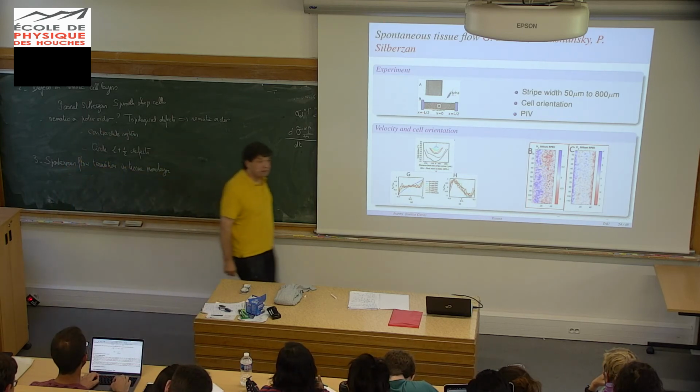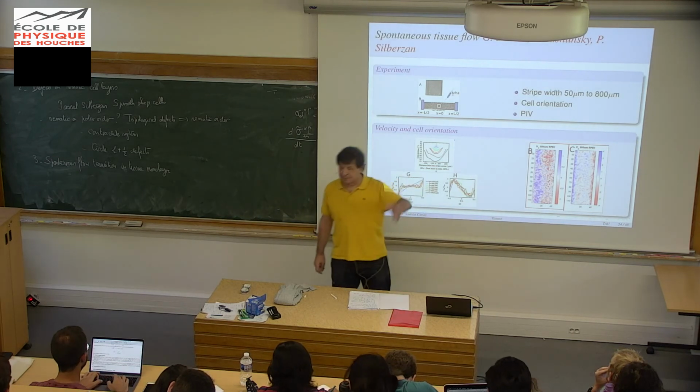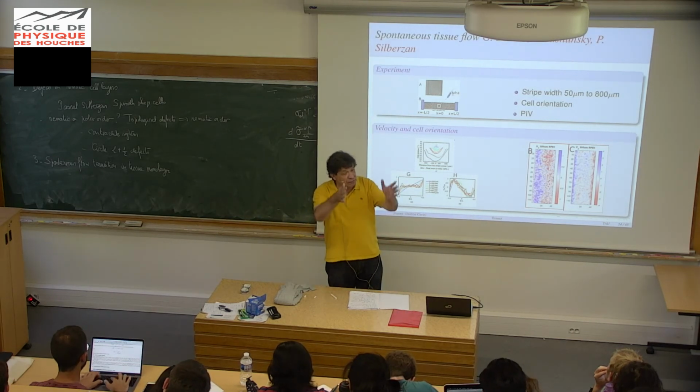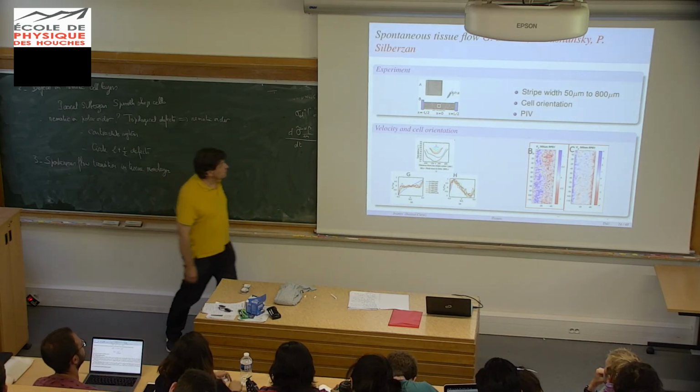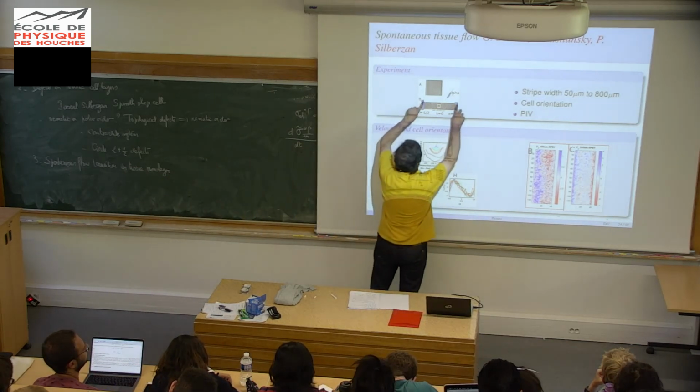Same experiment, except that he doesn't put adhesion molecules on a circle, so the cells don't go in a circle, they go on a very long stripe. So this is a cut of the stripe.